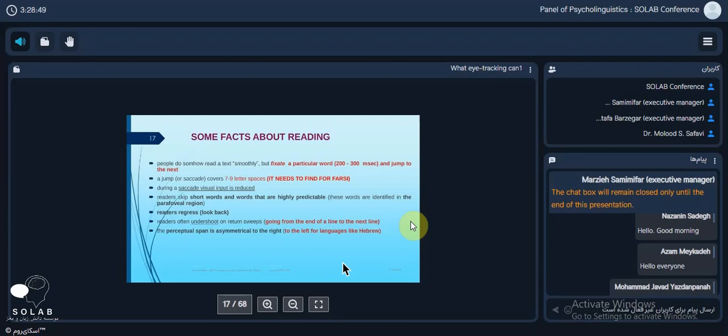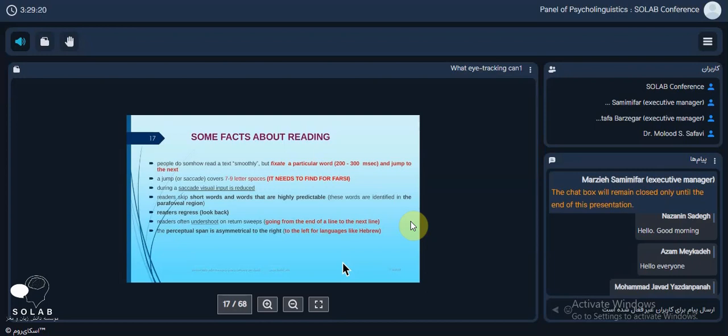During a saccade, visual input is reduced, as I mentioned before. A saccade is not the behavior for taking information. It's just for changing the spatial resolution or spatial attention.